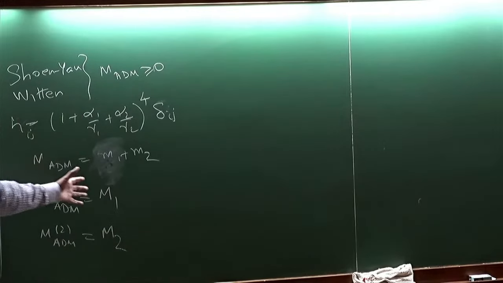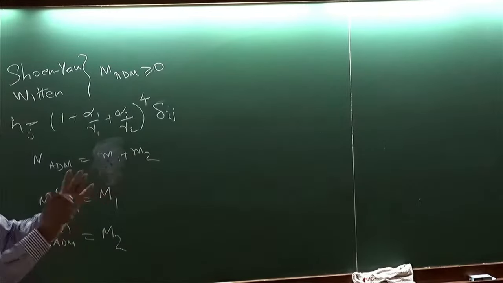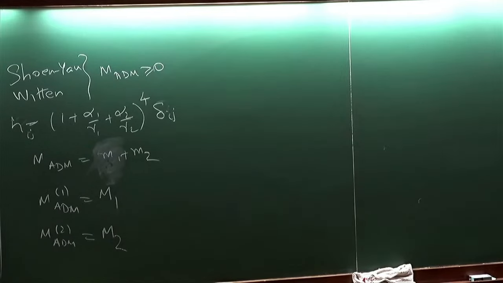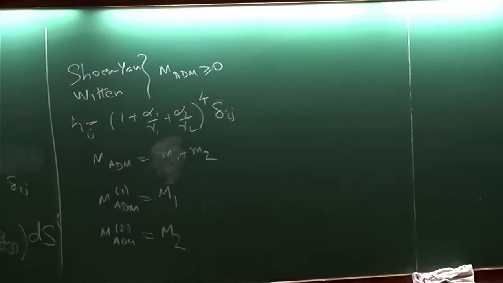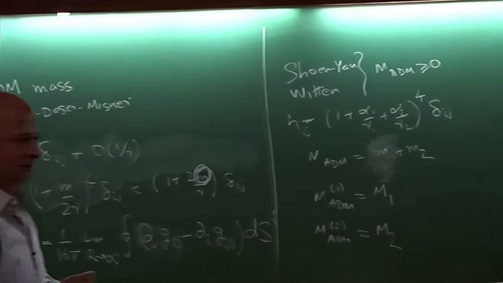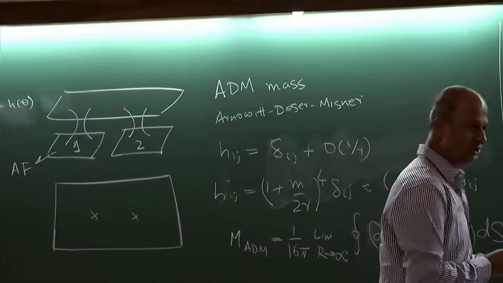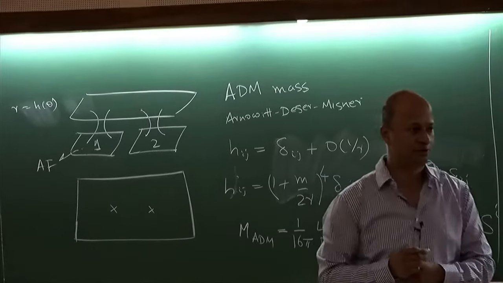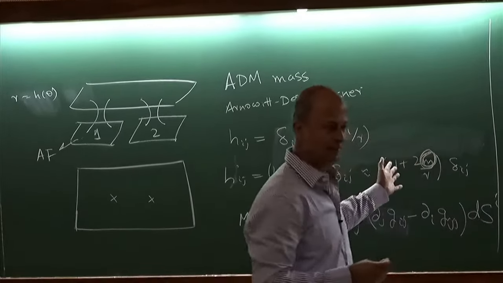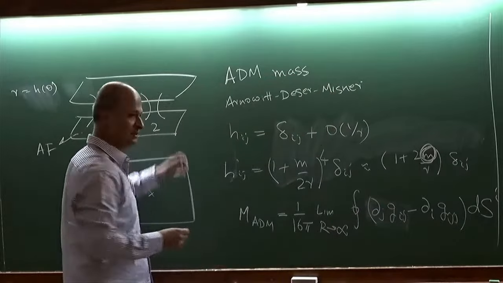And this you can calculate. It's not that difficult. So I'll leave it to you as an exercise to calculate the ADM masses here using simply this definition. You have to make the right coordinate changes like we did for the isotropic coordinates for Schwarzschild, and then you will identify what the ADM mass is at these ends here.